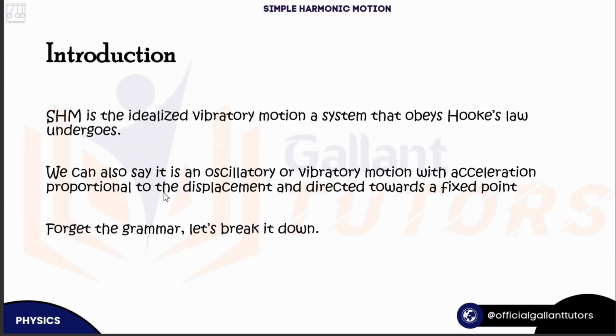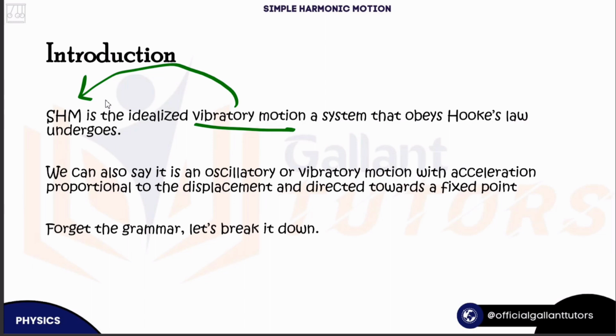Alright, so simple harmonic motion is the idealized vibratory motion a system that obeys Hooke's law undergoes. So the key takeaway here is vibratory motion. So we know that simple harmonic motion is vibratory. Do you understand?